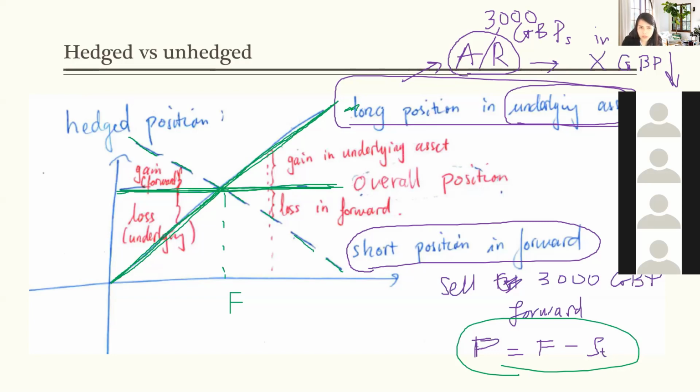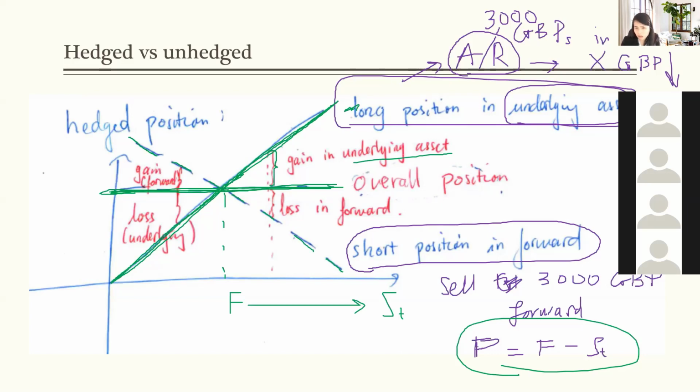So why do we get a flat line here for our hedge position? That is because these two lines always offset each other. For example, on the right-hand side of the graph, anytime the exchange rate increases, so anytime the pound appreciates, you will make a gain in the underlying asset, which means the value of your account receivable will increase.